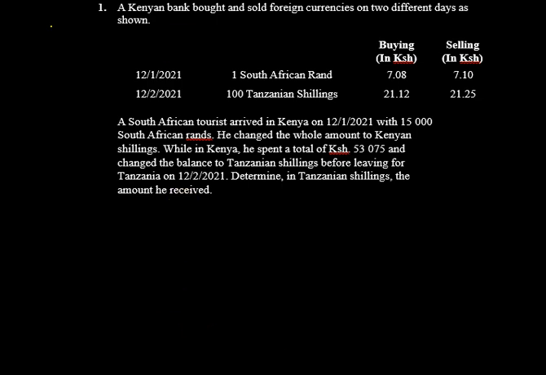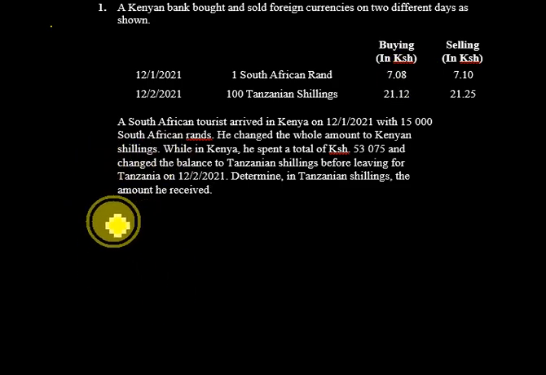So some of the things that we need to know before we go on with the exercise: when a tourist is coming from a foreign country to Kenya, the tourist sells the currency that he or she has and the bank buys. So in this case, we are going to use the buying column.